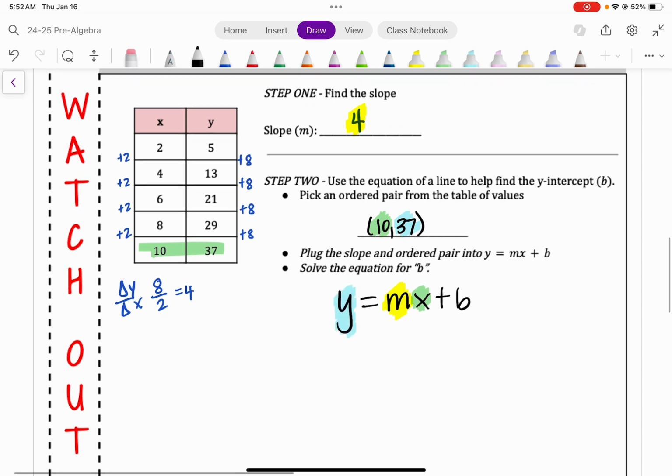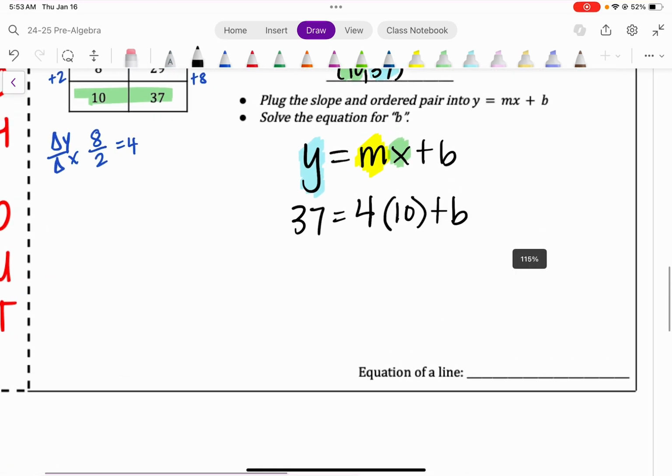So now I'm going to plug in all of those numbers where their colors are. So the y value is 37. The slope is 4. The x value is 10. And then plus b.